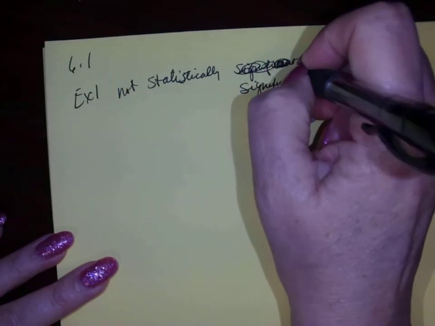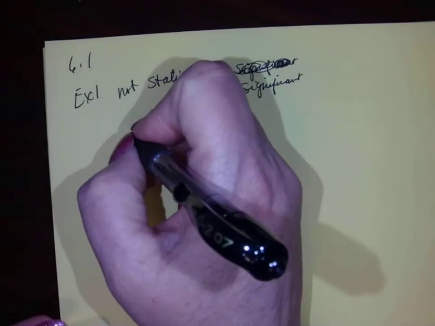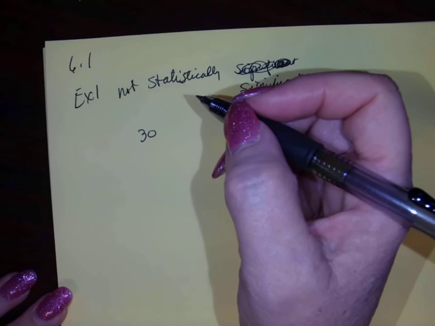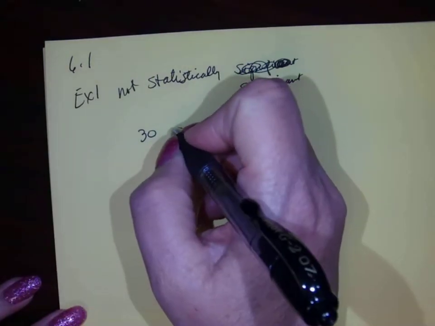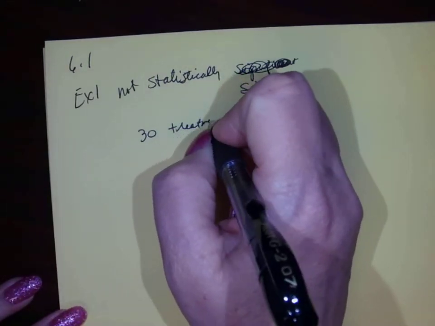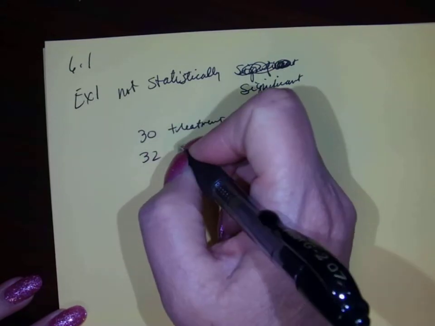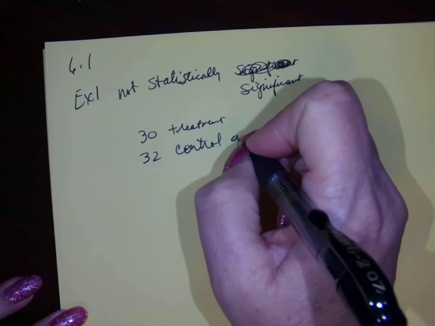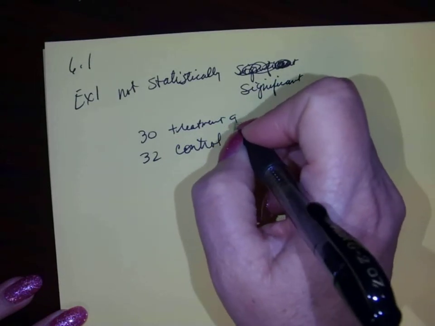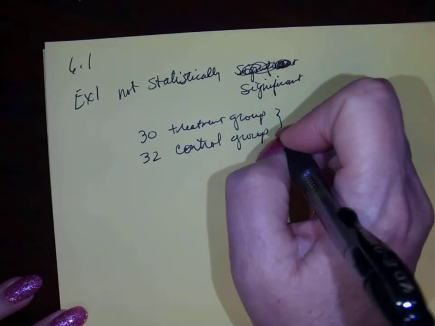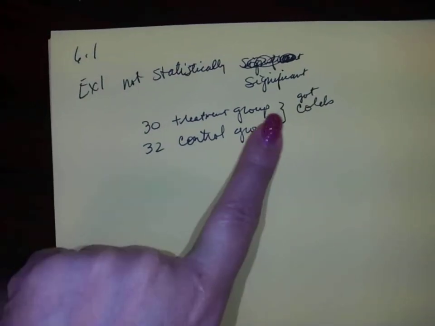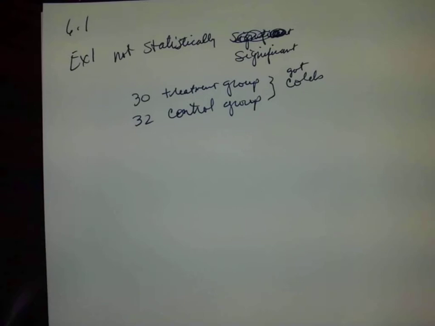Part of that is you have 30 from the treatment group and 32 from the control group. These are who got colds, okay? That's too close in number, so that is not statistically significant.